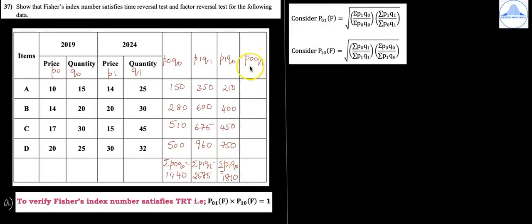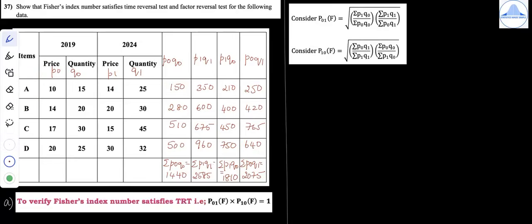The last column is P0 Q1. So P0 Q1 is 10 into 25 is 250. Then 14 into 30 is 420. Then we get 765 and 640. So summation P0 Q1 is equal to 2075.